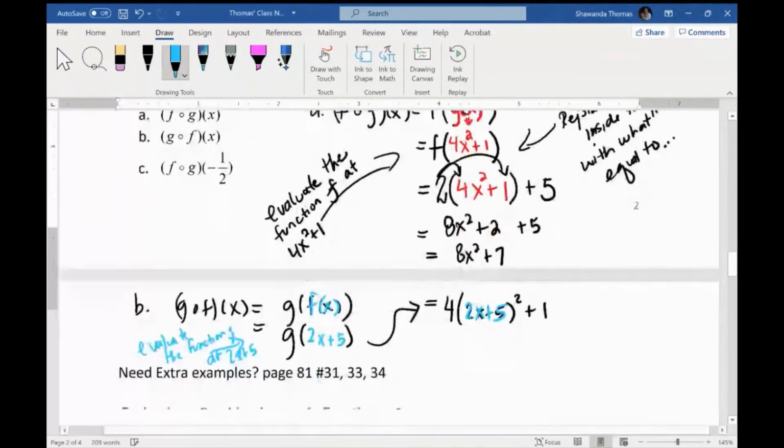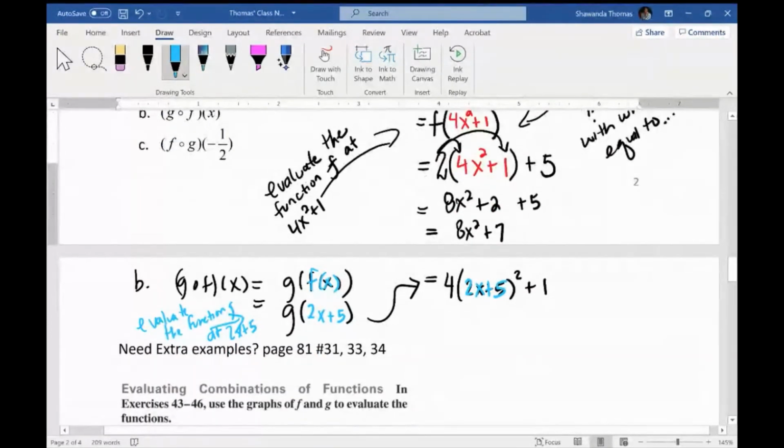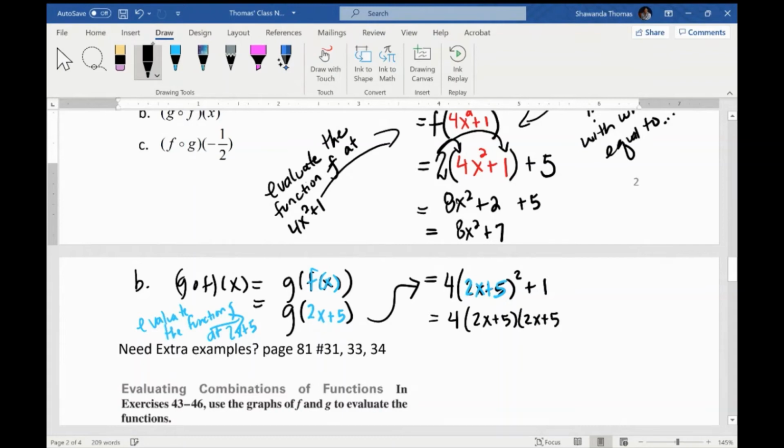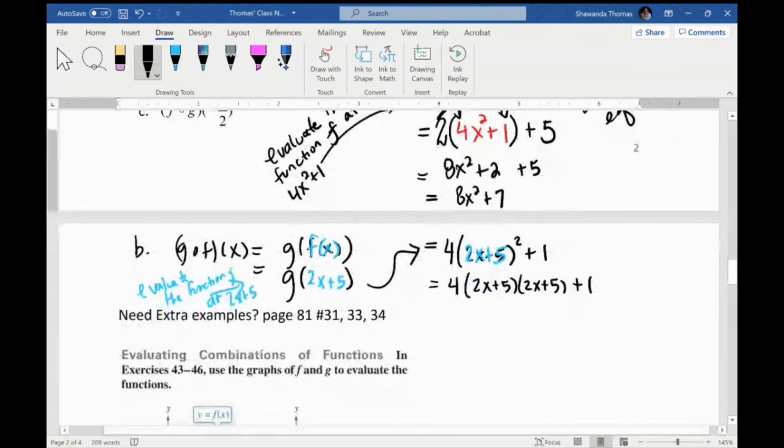And we're going to expand it or simplify it, multiply it out, however you want to say it. So we're going to write down 4. What is 2x plus 5 squared? You have to write it twice. Very nice. Please don't try to come up with a shortcut way to do that, because there is no shortcut way. So that's 4 times 2x plus 5 times 2x plus 5.